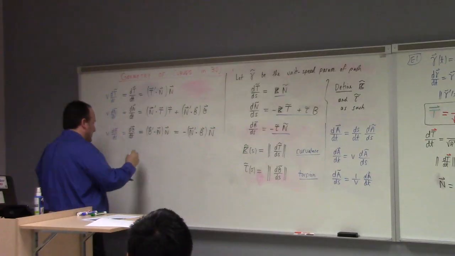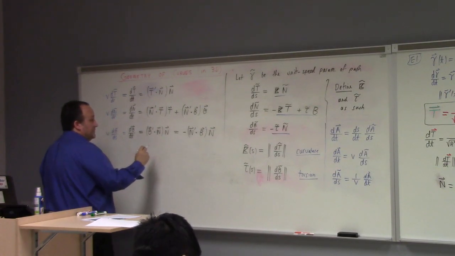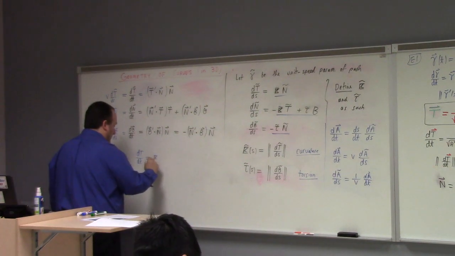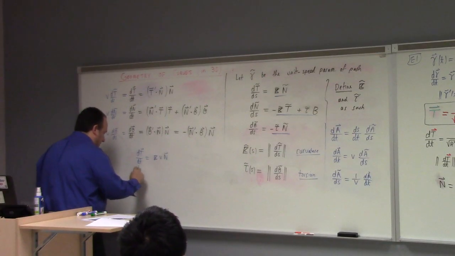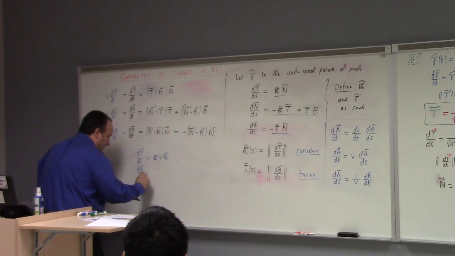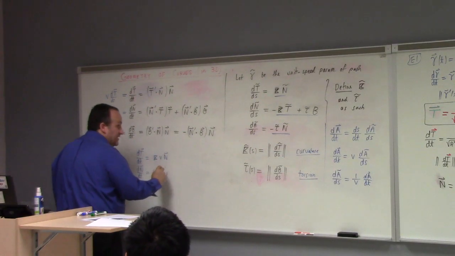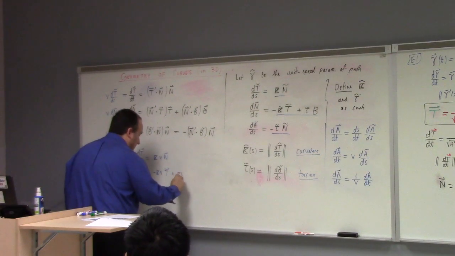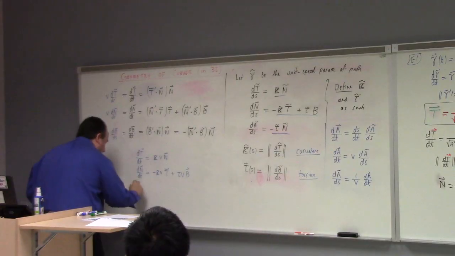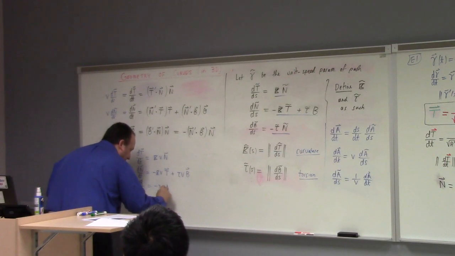Getting to the point, we find that dt dt is equal to kappa v times n, dn dt is equal to minus kappa v times t plus tau v times b. And finally, dB dt is equal to minus tau v times n.